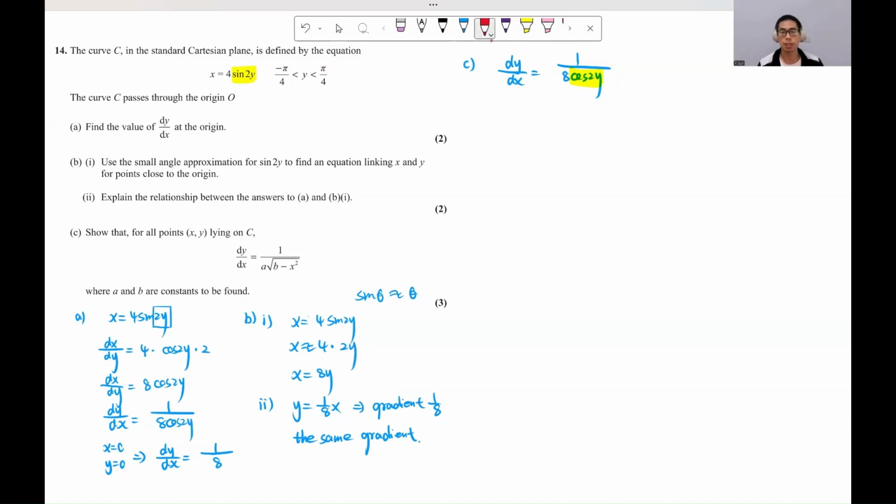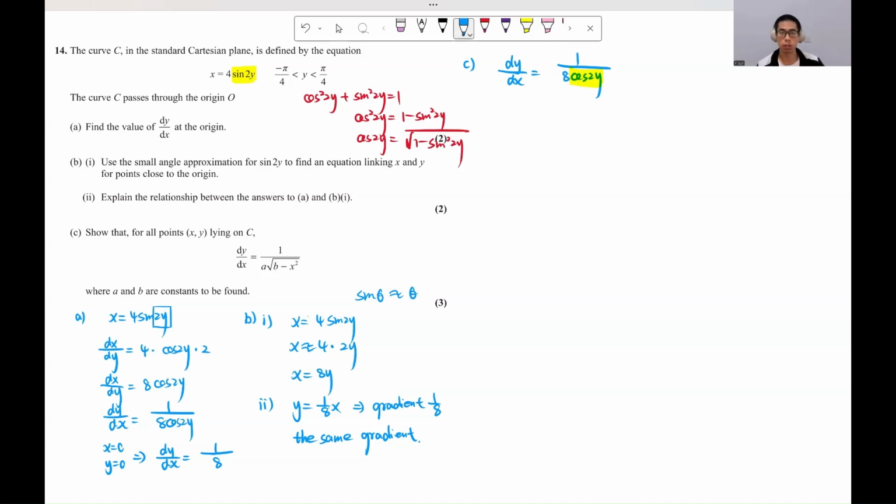There is an identity that links cos 2y and sine 2y, and that identity is very simple. Cos squared 2y plus sine squared 2y is equal to 1. That means cos squared 2y equals 1 minus sine squared 2y. If you square root it, cos 2y is the square root of 1 minus sine squared 2y.